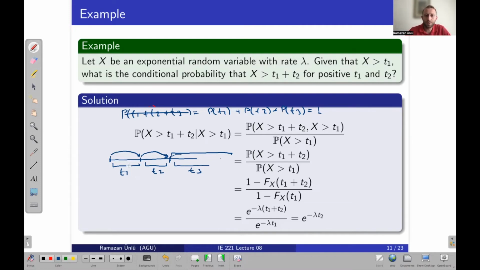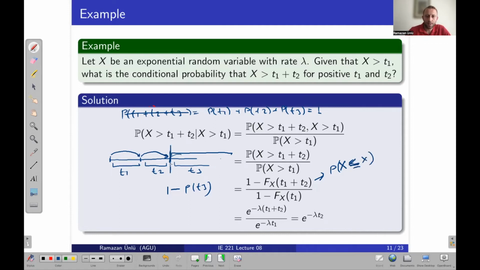This information is given to me, and instead of calculating this one, I use 1 minus the probability of T3, right? And this is 1 minus the CDF of T1 plus T2, because that corresponds to the probability of X being less than or equal to some value.